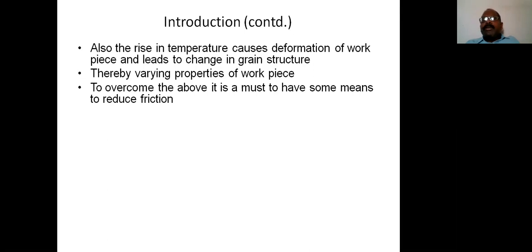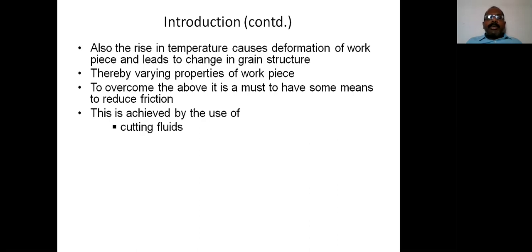Whenever the friction is reduced between the two surfaces, the rise in temperature is controlled to a particular level. How to reduce the friction and control the rise in temperature? Simply by using cutting fluids, coolants and lubricants.